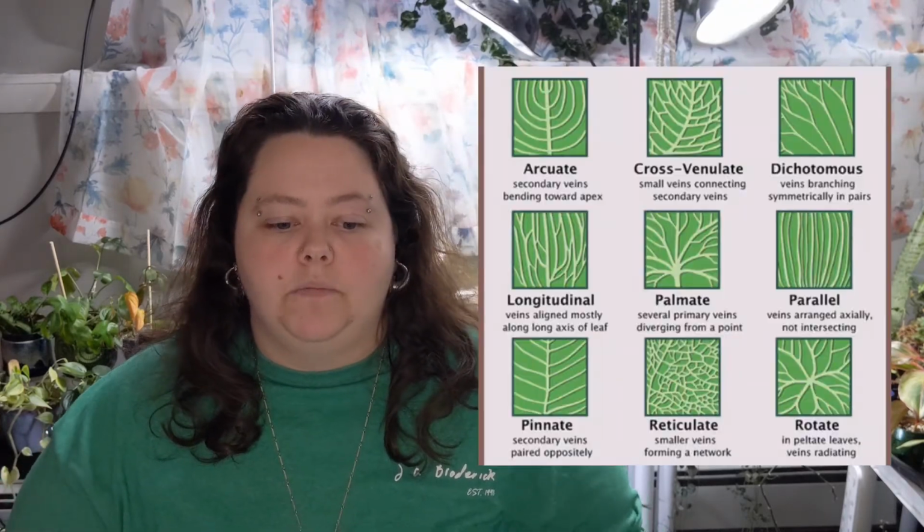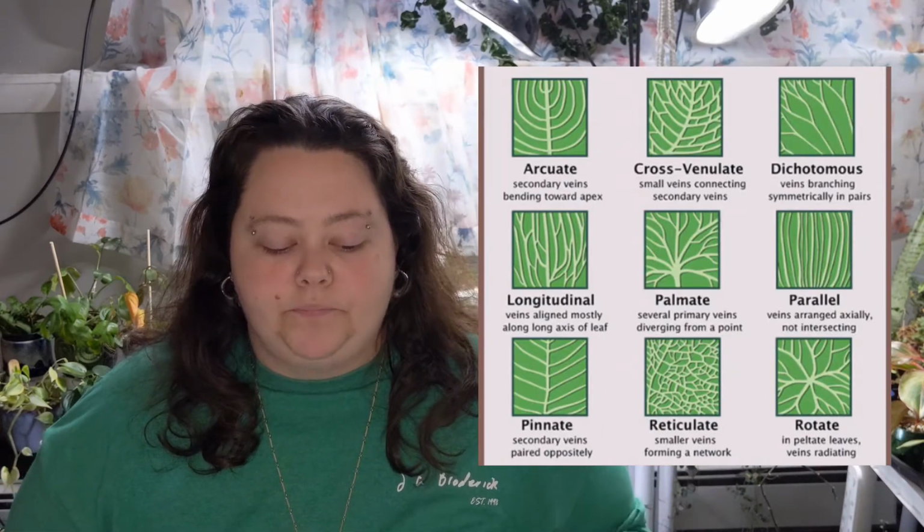And now I'm going to go through the types of venation. So if you Google types of veins, you're going to get this image, right? And it shows you 9 types of veins. And I think it's just cool to know the types of veins, what they look like. So then, if you're taking notes on your plants, you can write the type of venation you think your plant has.